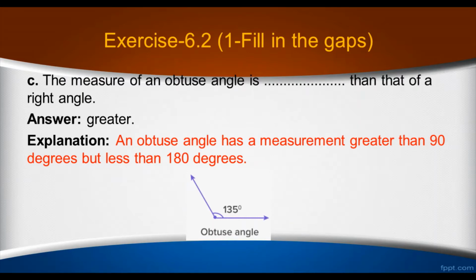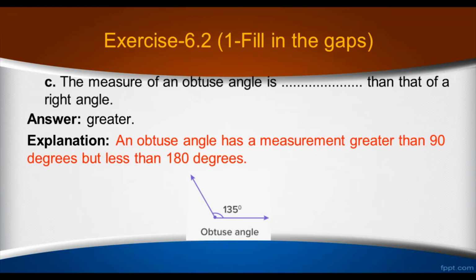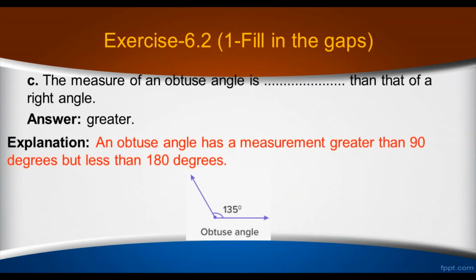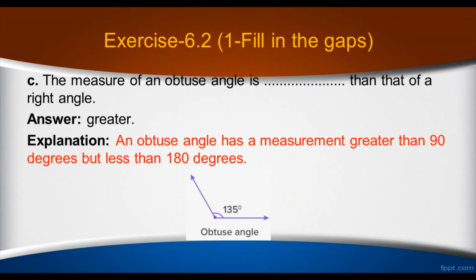You can see the figure, my dear students. Obtuse angle, that is 135 degree, greater than 90 degree but less than 180 degrees. So my dear students, this is the question number C. The measure of an obtuse angle is greater than that of a right angle, and you can see the figure, and I hope it is clear to you.